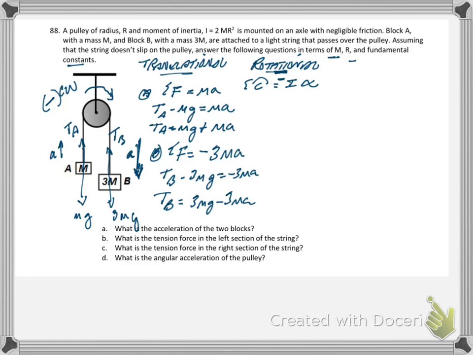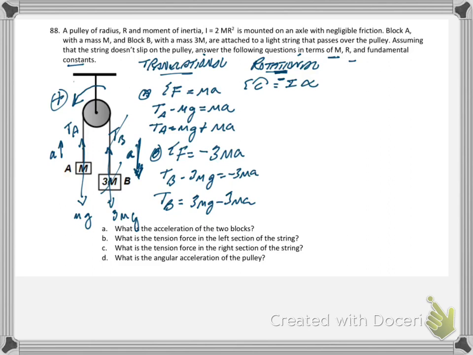So let's add up the torque. Let's pretend TB is not here, or that this 3m mass doesn't exist. What way would the first mass rotate the pulley? It looks like it would rotate it counterclockwise, which would be a positive direction.